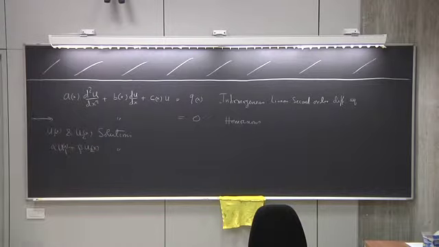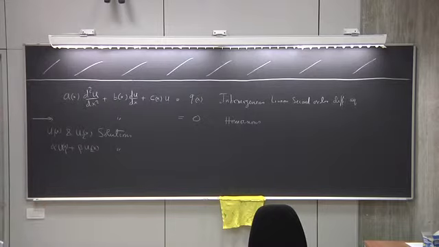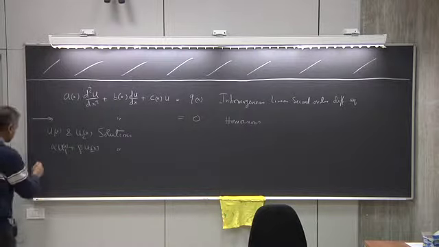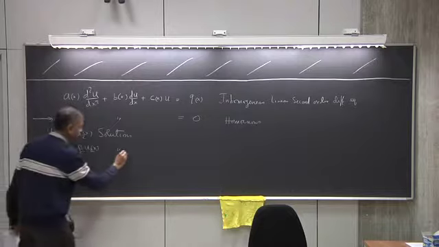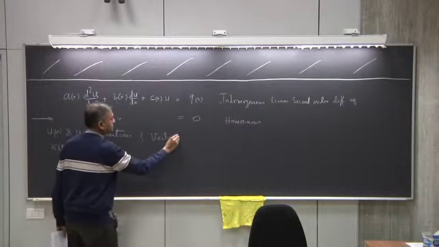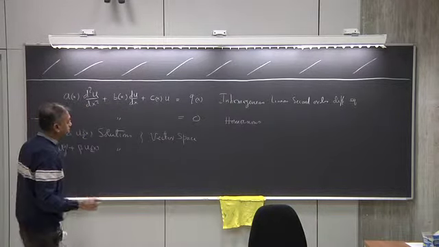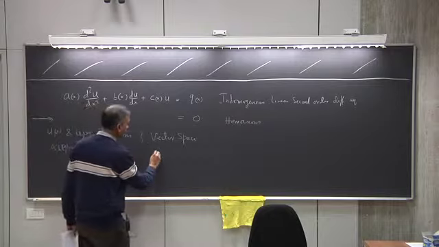Now what we will show is that this vector space is two-dimensional, basically. So this forms a vector space, and we'll show now that it's two-dimensional.